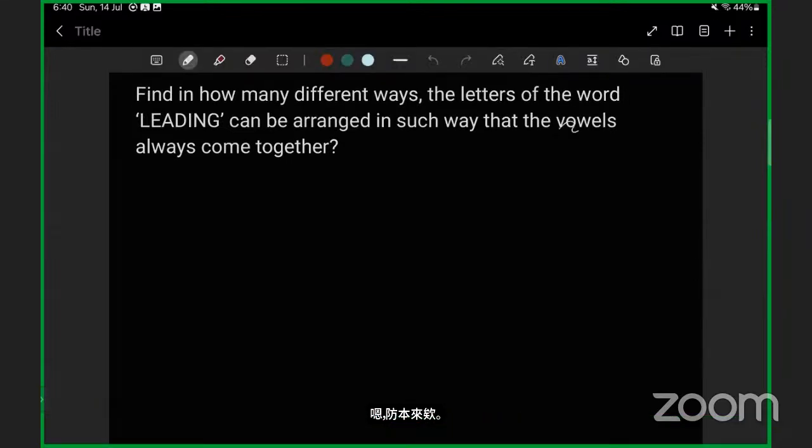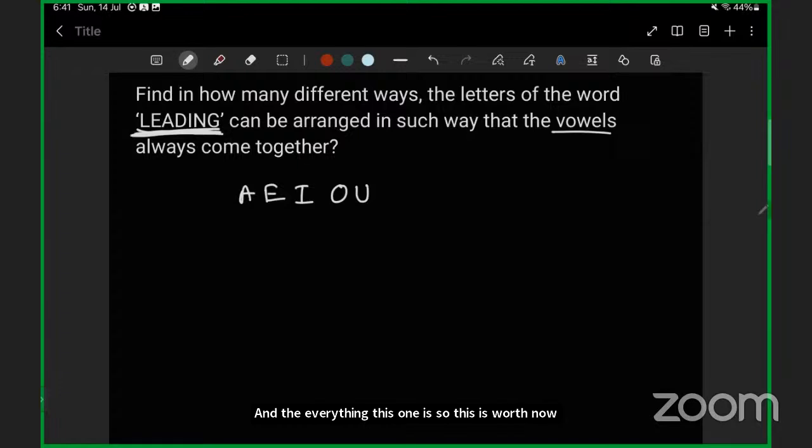The vowels are A, E, I, O, U in the English alphabet. I want to arrange the letters of this word so that the vowels come together. So how to do that?